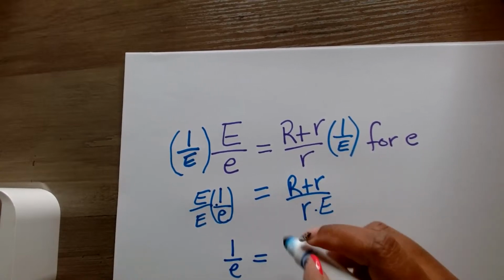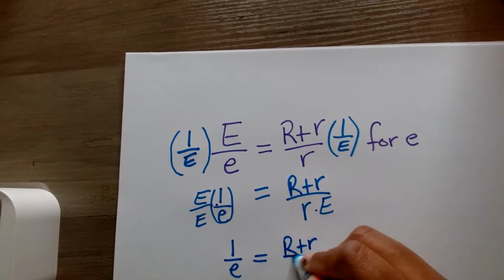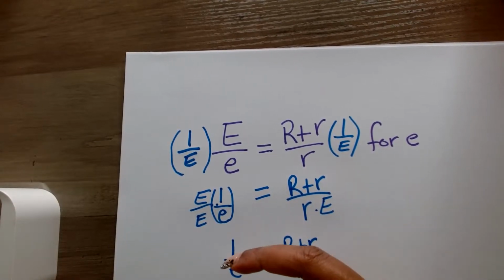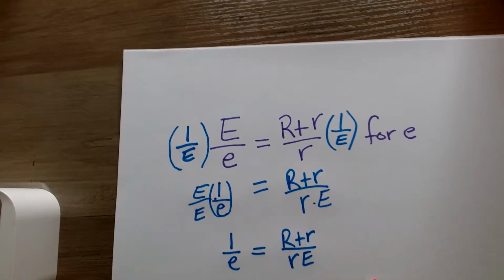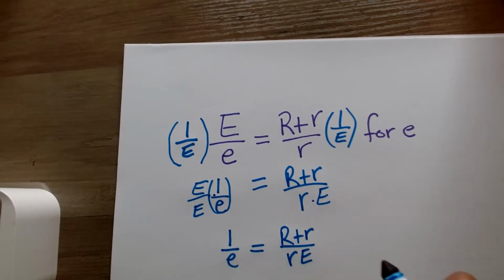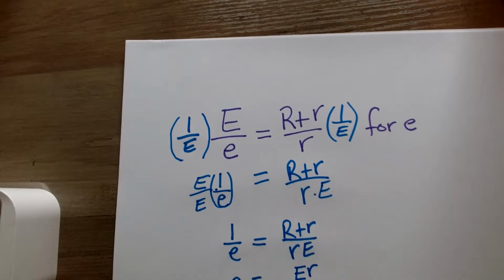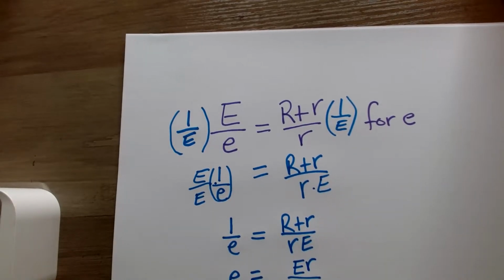And really, we want just E. So instead, we are going to flip this E. And so that means we're going to flip this side too, because what we do to one side, we do to the other. And that's what gave us E by itself.